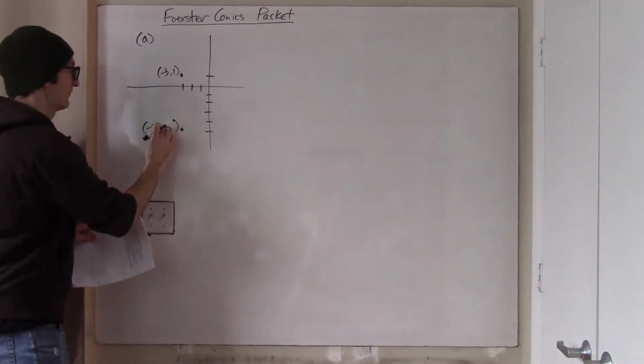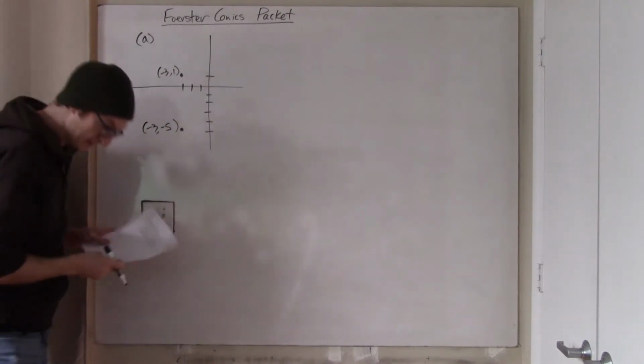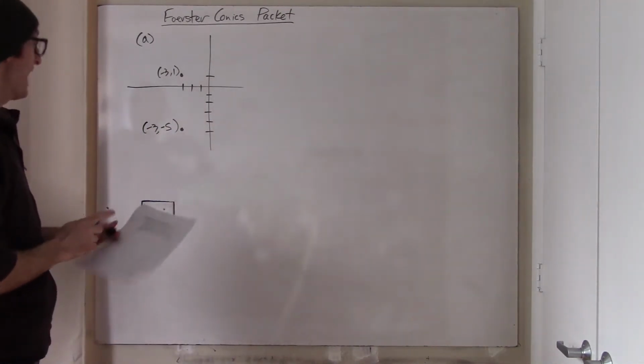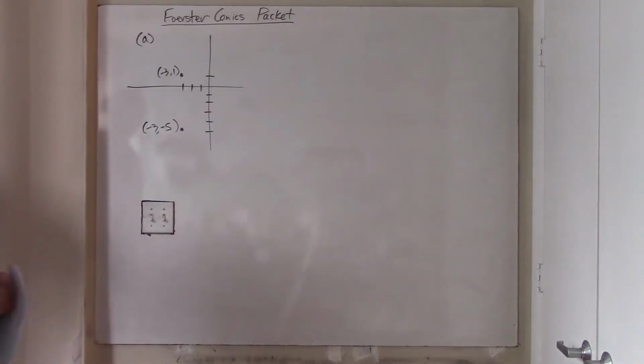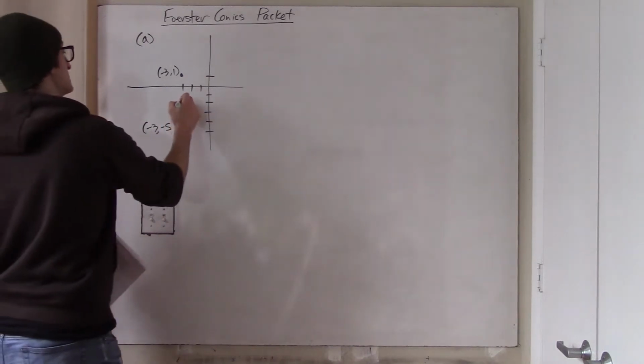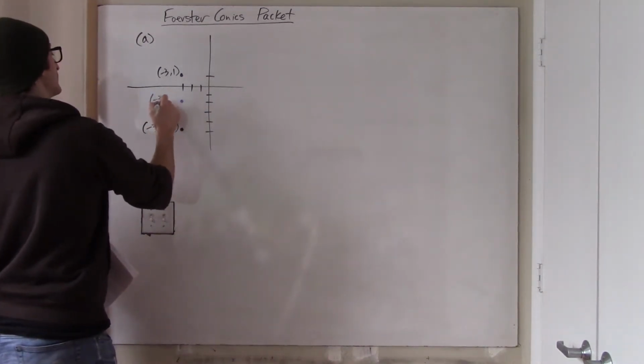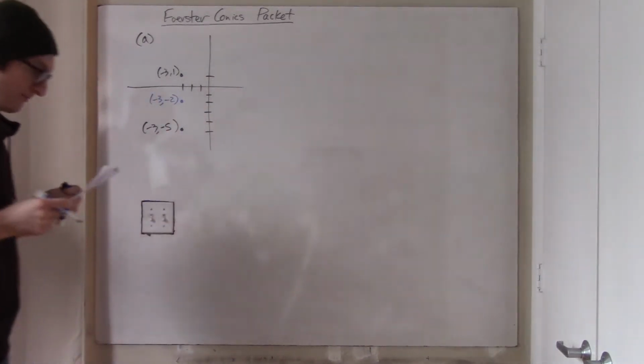Those are the foci. Immediately I can find the midpoint of those two points, and that would be -3, -2. So, boom, right there, -3, -2 is the center.